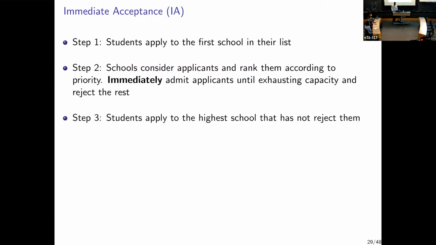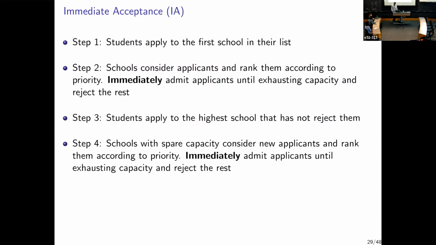Okay? If you were rejected, then you're going to apply to the highest school that has not rejected you, and then schools that have capacity left, that is, that have not assigned all their seats in the first step, are going to take the new applicants and again admit students up to the point that their capacity is met or that they run out of students.